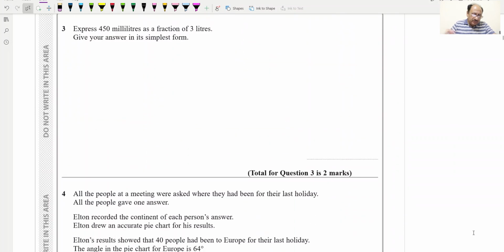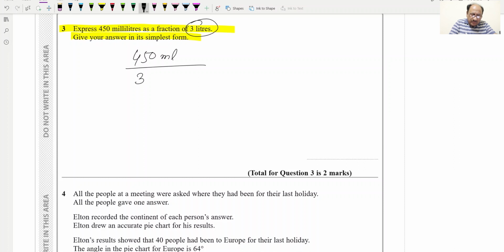Then next, question number 3: express 450 milliliters as a fraction of 3 liters. We have to give the simplified answer also. So 450 milliliters will be divided by 3 liters.